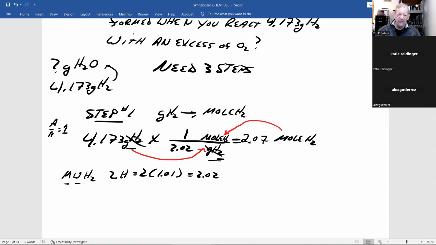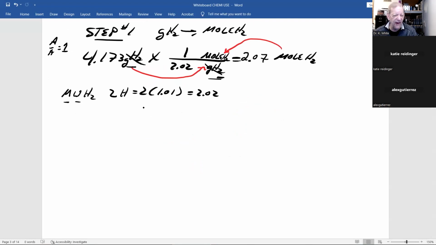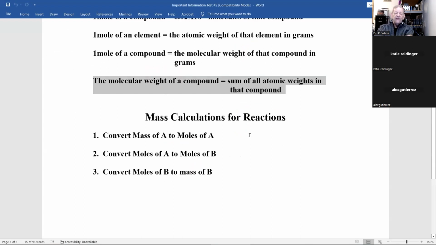Are we done? No, we're trying to get to grams of water. So now we have to do step 2. And what's step 2? Moles of whatever we just calculated, you convert to moles of your answer.